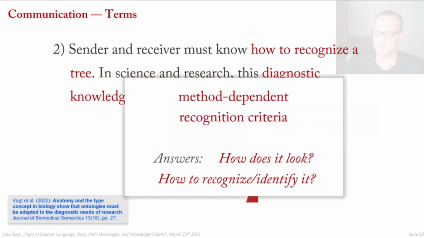So for instance, if I have a certain mixture of substances and I want to know whether iron is part in there as one component, I have certain methods as a chemist to test for iron. It's a method-dependent recognition criterion. So we need these method-dependent recognition criteria, and they provide us answers to the question, how does it look, or how to recognize or identify a tree.